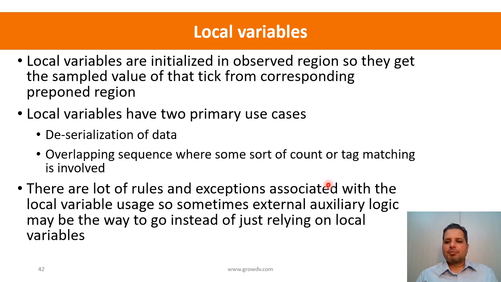For simple things it is very useful, but when things get very complicated, your local variables may not hold up, and at that point you will have to rely on external auxiliary logic. So let's look at one of the examples. Of course, here I'm showing you a simple example, not one where the rules get violated.